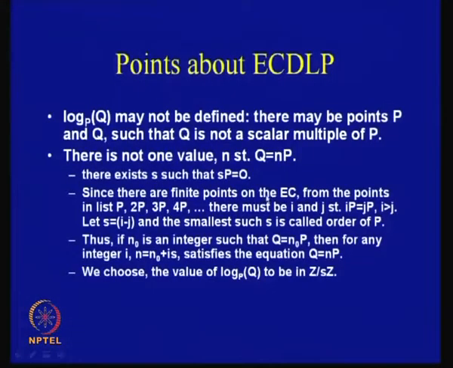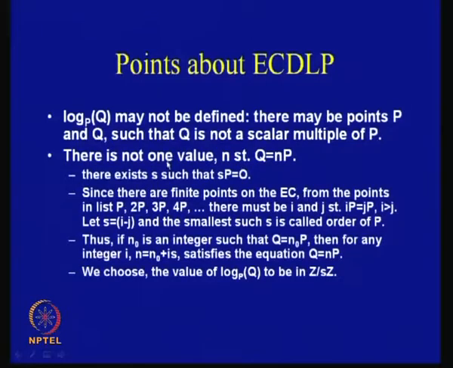So it is important to keep in mind that it is not necessary that for any Q and P this discrete logarithm has to be defined, but in the fashion in which we apply elliptic curves, we do not face any significant problem.